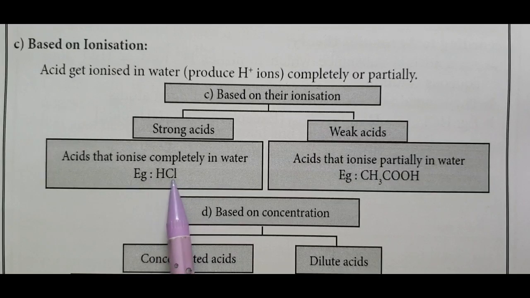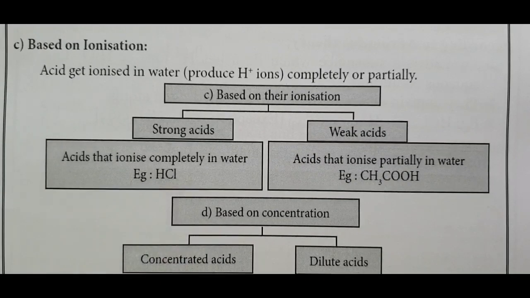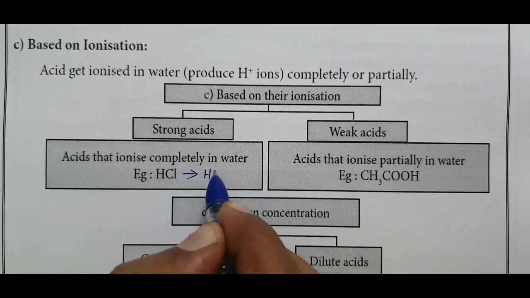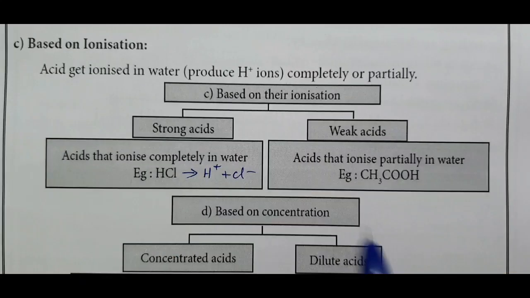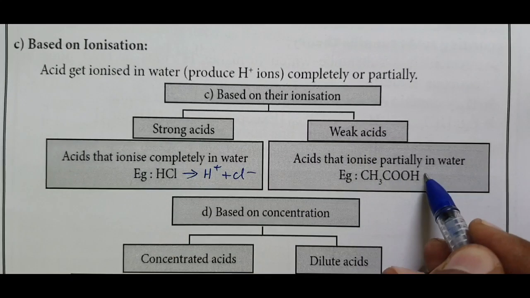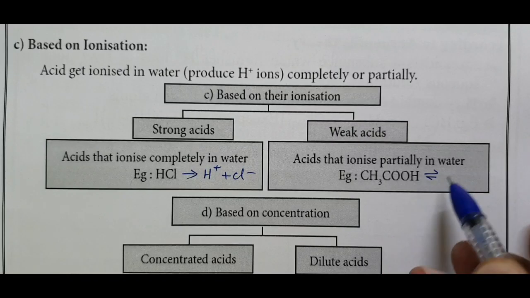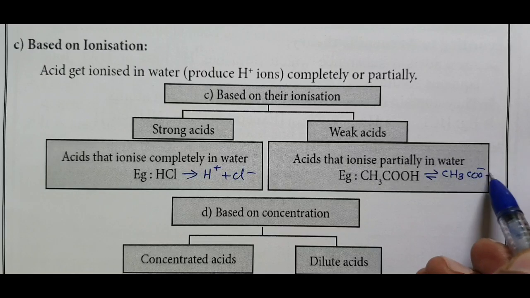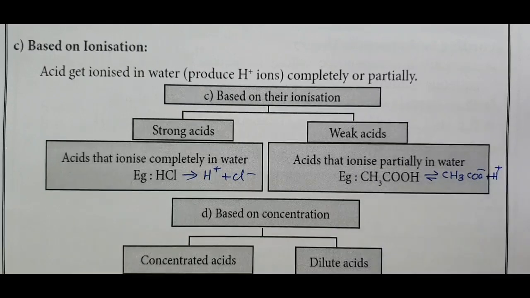It undergoes complete ionization and gives H plus and Cl minus ions. Complete ionization is indicated by a single arrow. Weak acid: an acid that ionizes partially in water. Acetic acid undergoes partial ionization and gives acetate ion CH3COO minus and H plus ion.